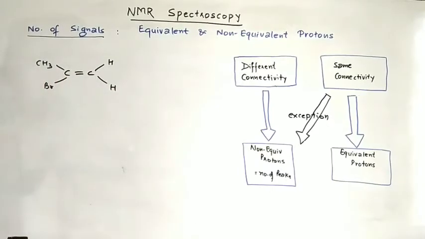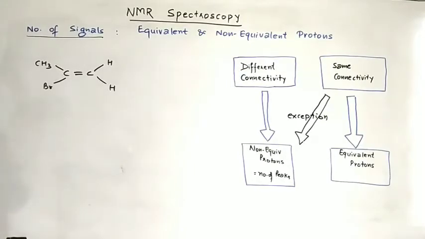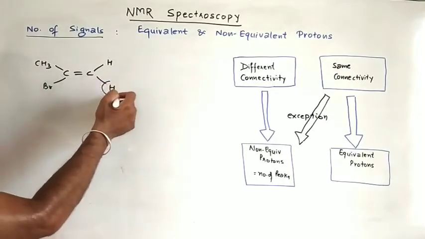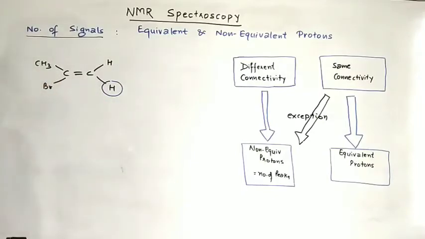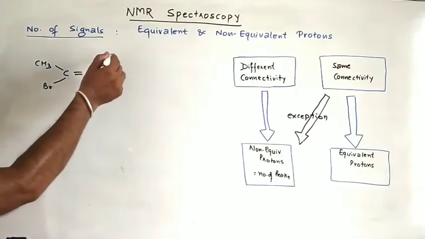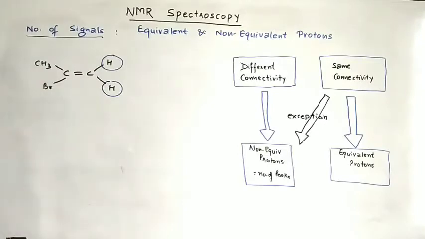But these two protons, in spite of their same connectivity, they are non-equivalent. Why is it so? Because their environment is different. You can see here, this hydrogen is trans to methyl, but cis to bromine. This hydrogen is trans to bromine and cis to methyl. It's quite different. Environment is different.